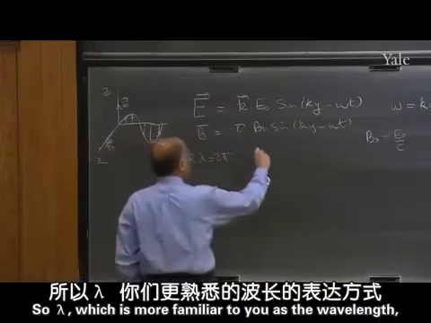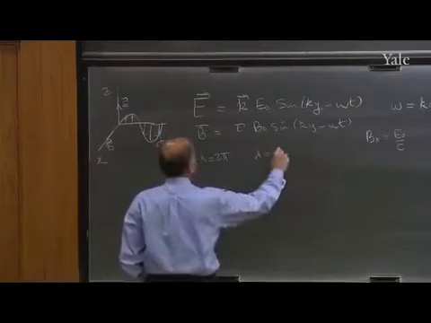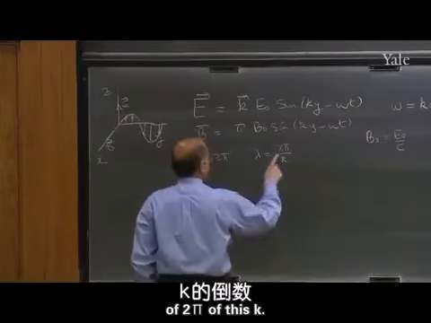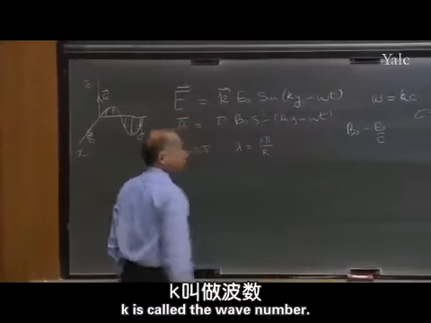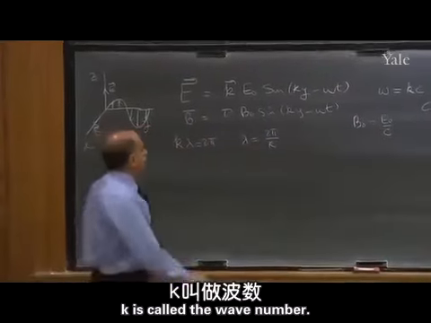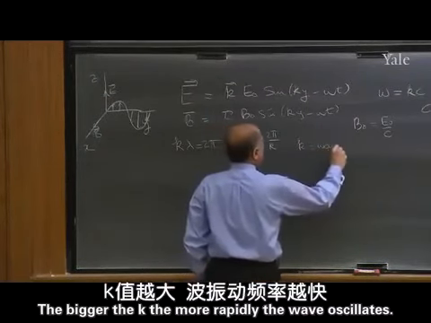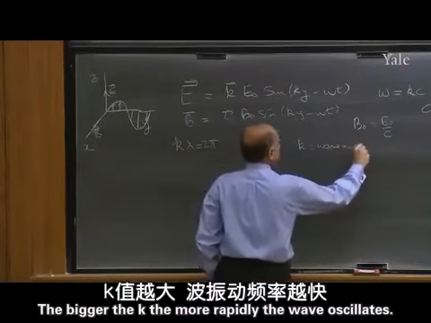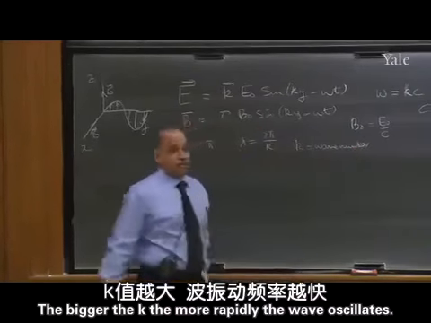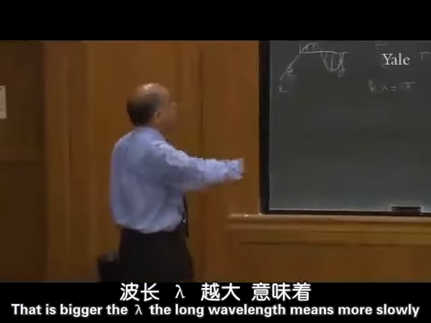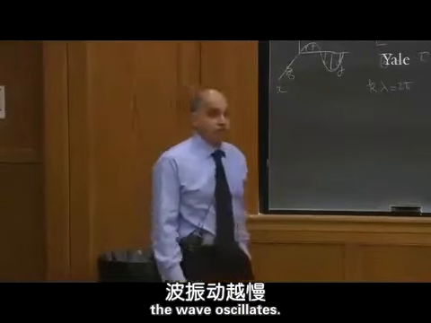So lambda, which is more familiar to you as the wavelength, is the reciprocal, up to the factor of 2 pi, of this k. k is called the wave number. The bigger the k, the more rapidly the wave oscillates. Whereas the bigger the lambda, long wavelength means the more slowly the wave oscillates.